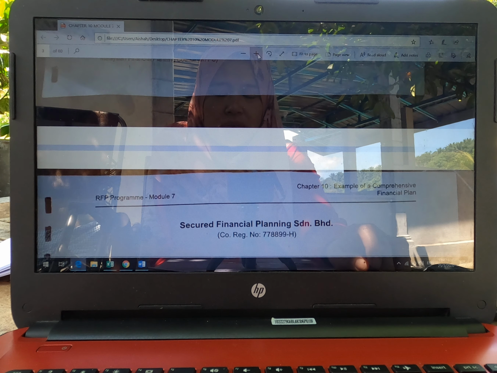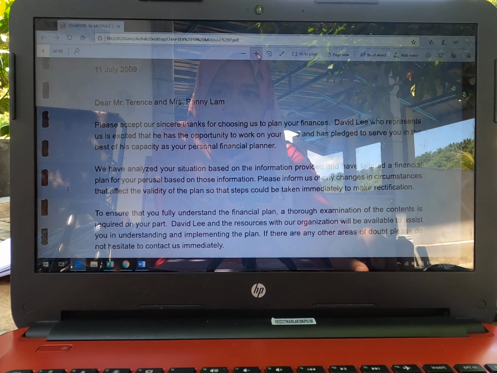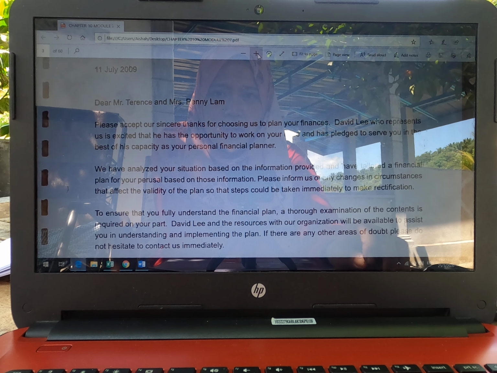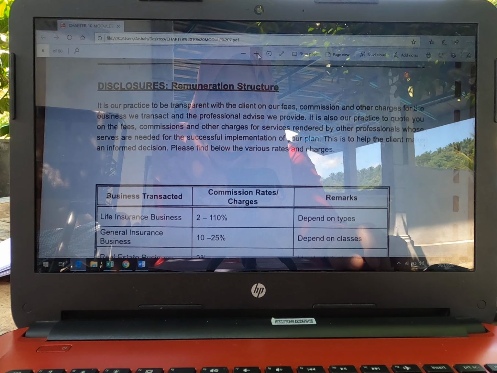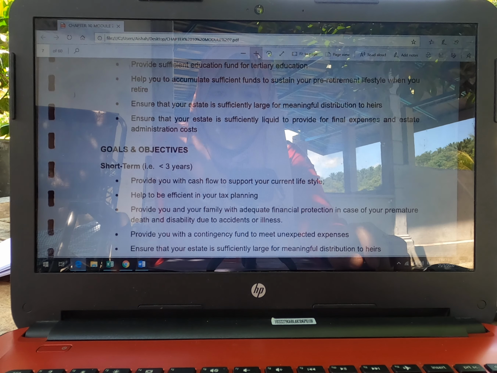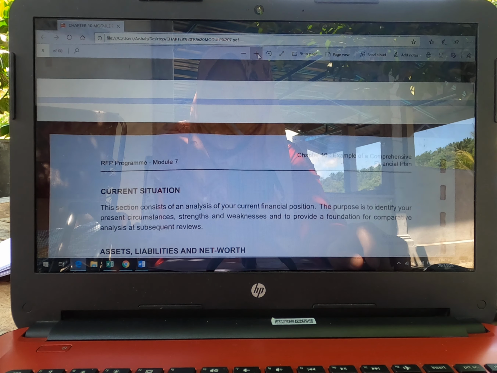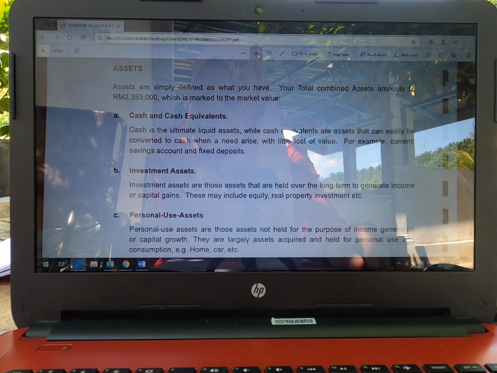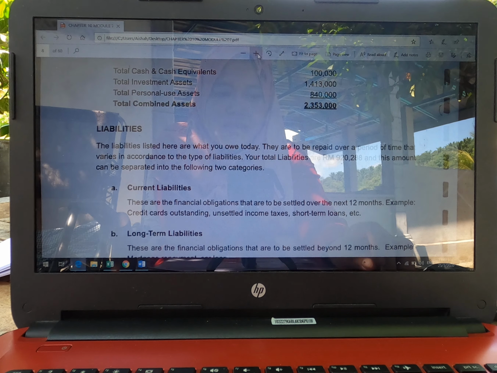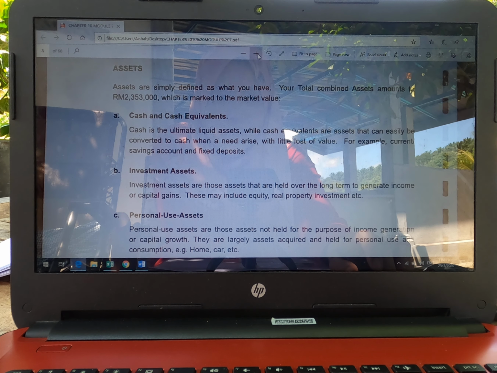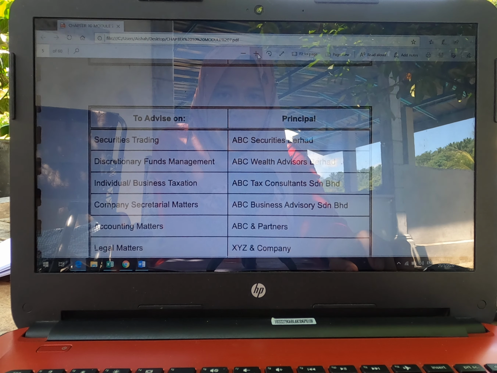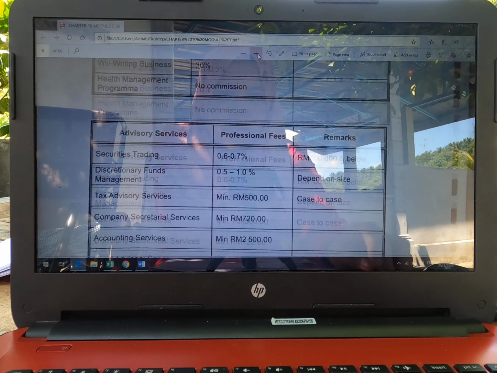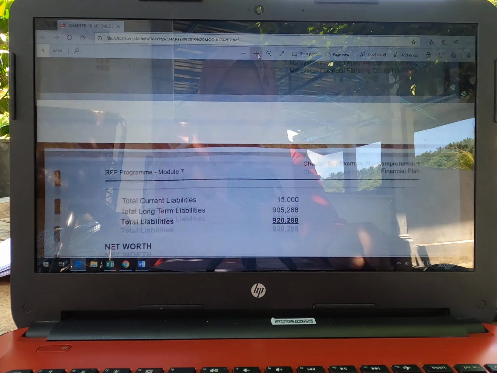If you look at the document, the date of the financial report is 11 July 2009, but if you refer to all of the calculations in the report, for example the cash flow information and net worth statement, all of these calculations are based on 2008 information. Which means based on the 31st December 2008 information. I will scroll down and show that to you.